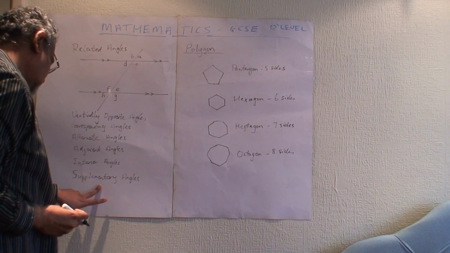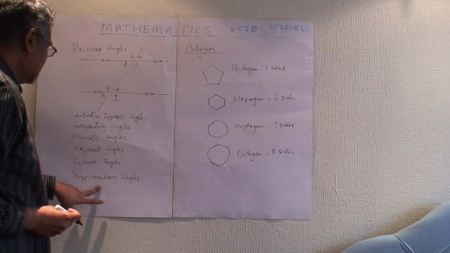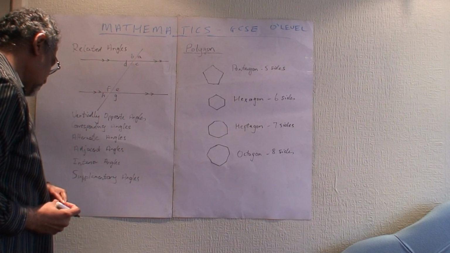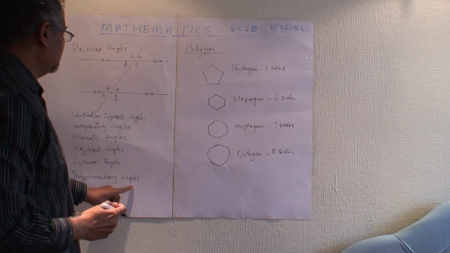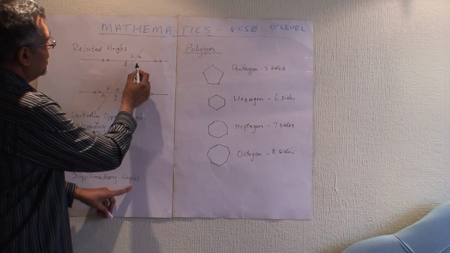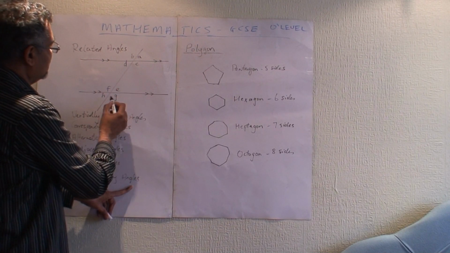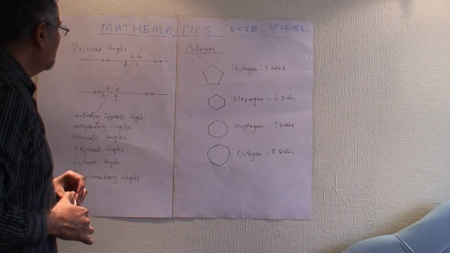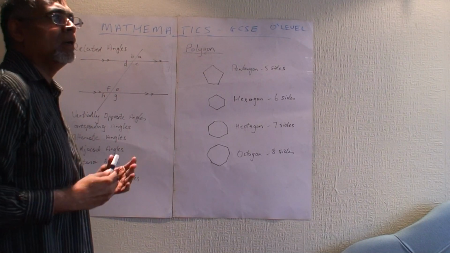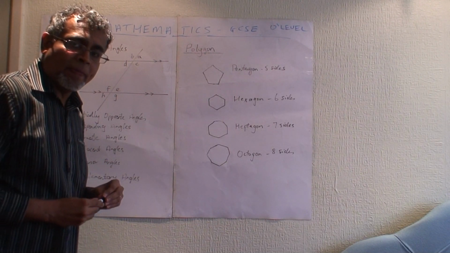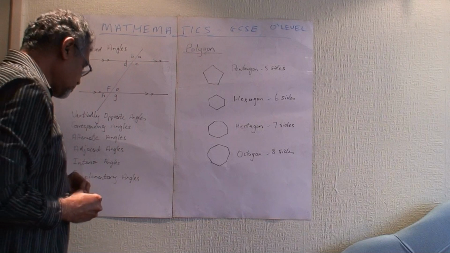Supplementary angles are angles that also add up to 180 degrees, could be these angles here, A and B, C and D, E and F, G and H. Supplementary angles is another term for angles that, when added together, equal 180 degrees.